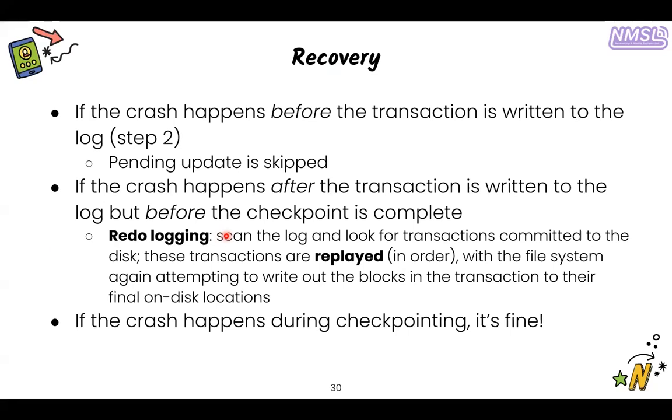These transactions are replayed and have to be in order, with the file system again attempting to write out the blocks in the transactions to their final locations. So this is basically the recovery part. If it happened before, then just skip, it's lost. The last case, if the crash happens during checkpointing, it's fine, it's okay. It's just not a problem.